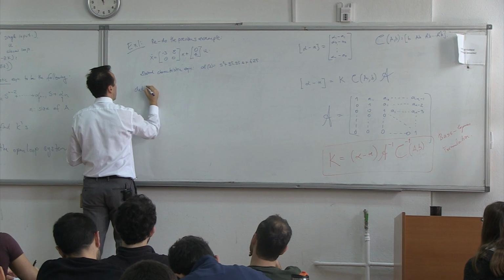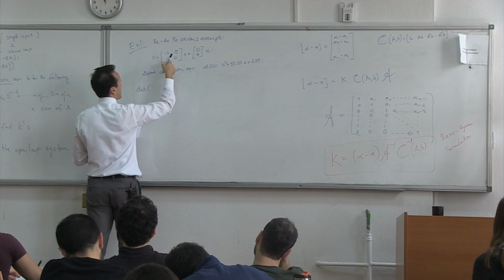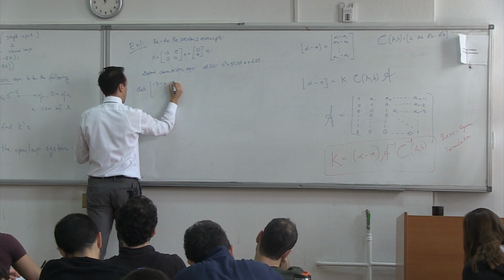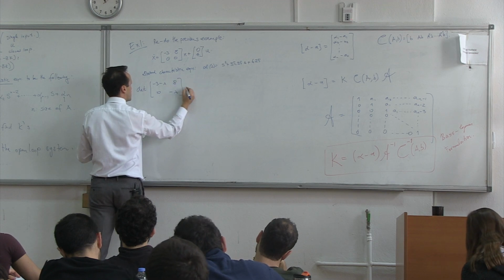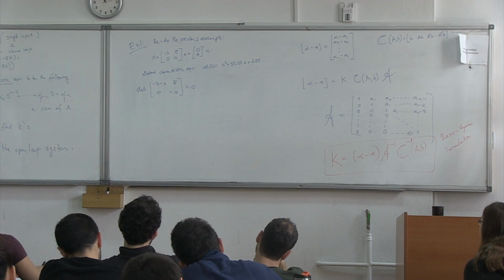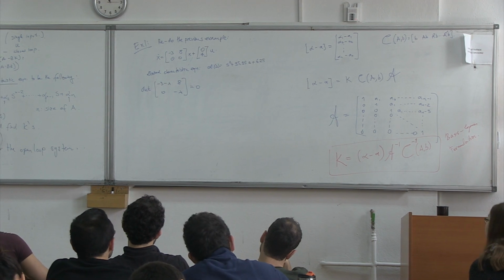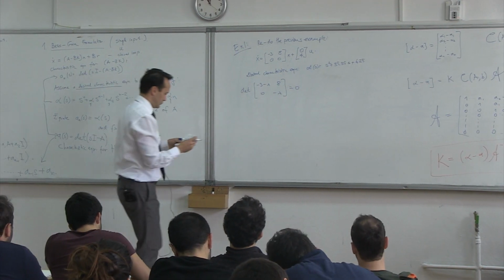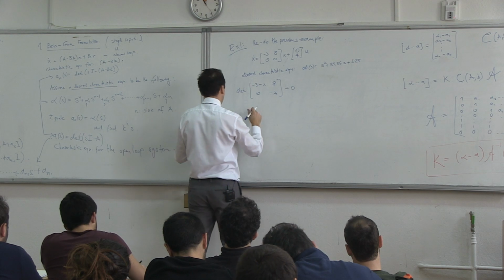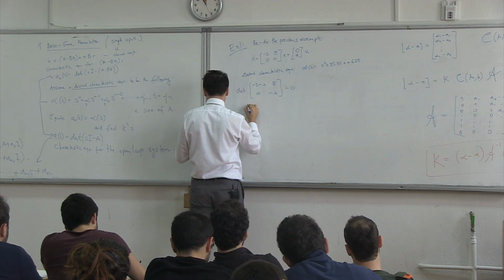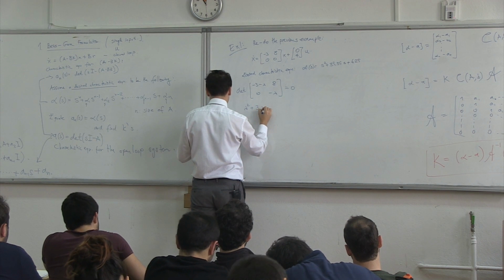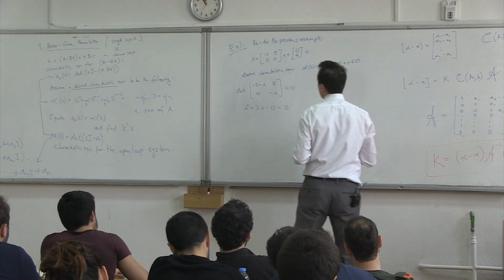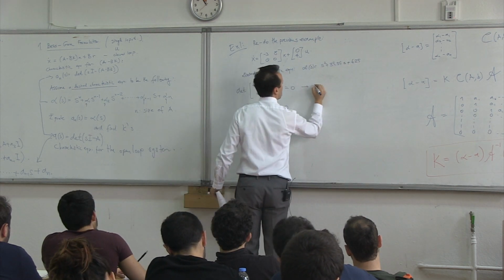We just take the determinant of this one, minus 3 minus lambda, 8, 0, minus lambda, is equal to 0. And what you obtain from this is lambda squared plus 3 lambda minus 0 is equal to 0. Right? This is your eigenvalue problem, really.